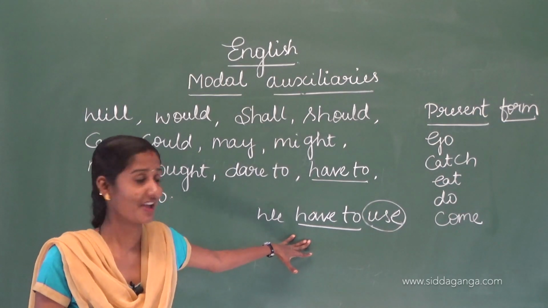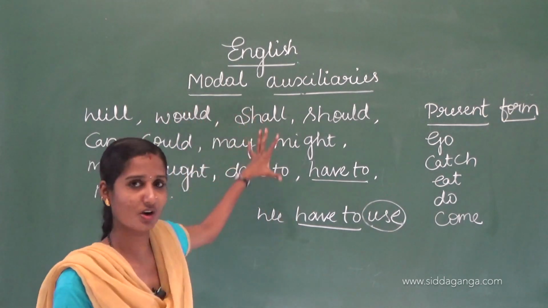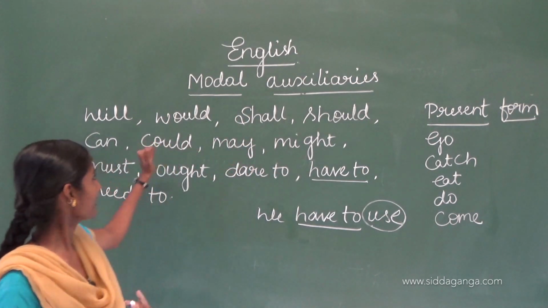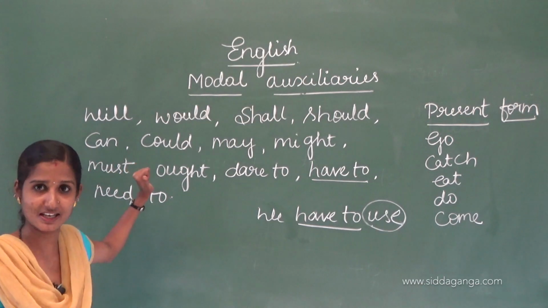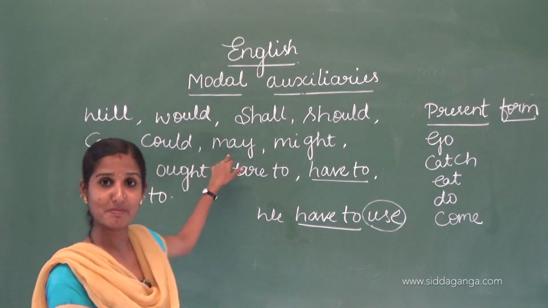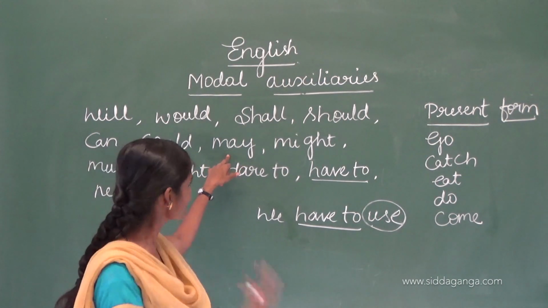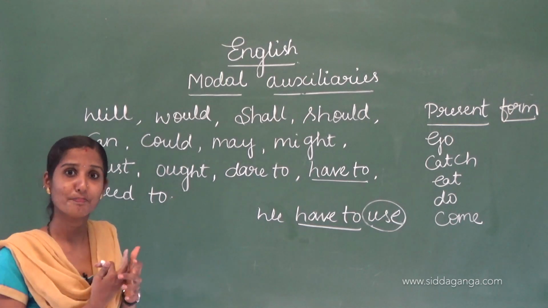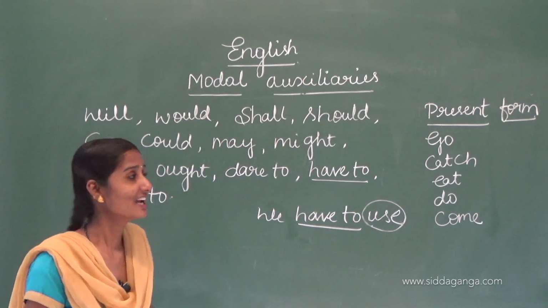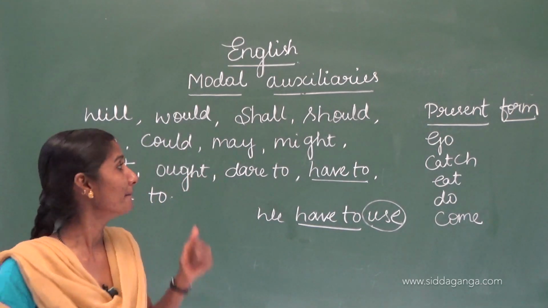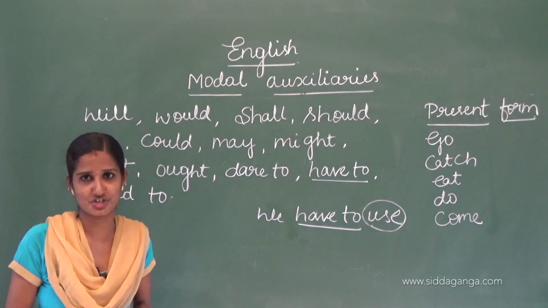In this way all these modal auxiliaries perform many functions. Sometimes they express the future, sometimes strong determination, sometimes they ask permission, sometimes give permission, sometimes express possibility. Like that, each and every modal auxiliary performs different functions based on the situation.